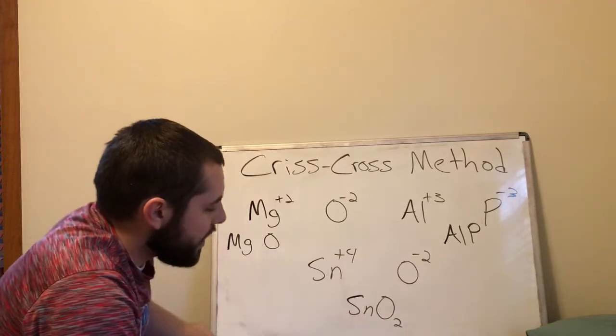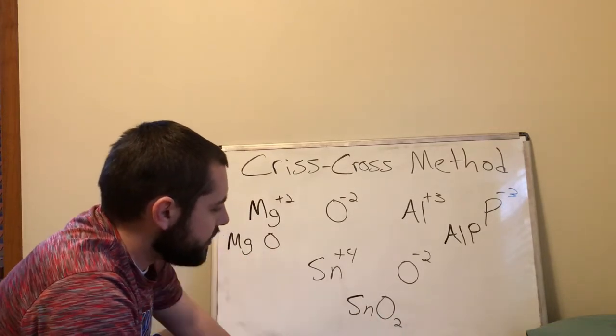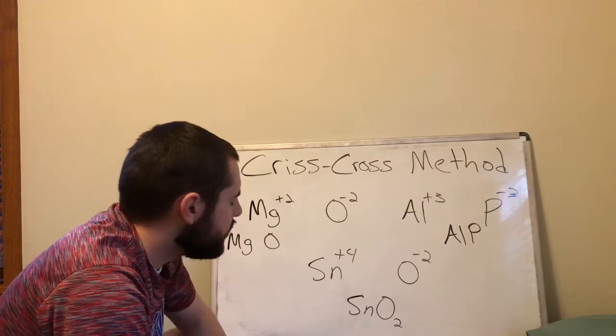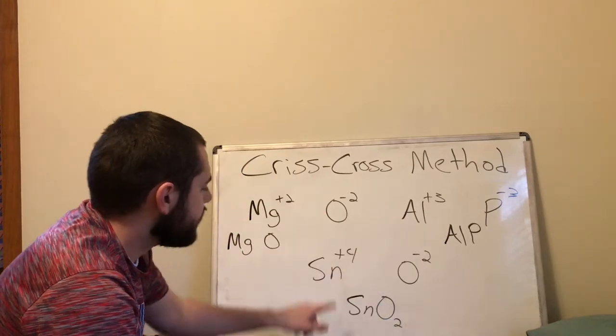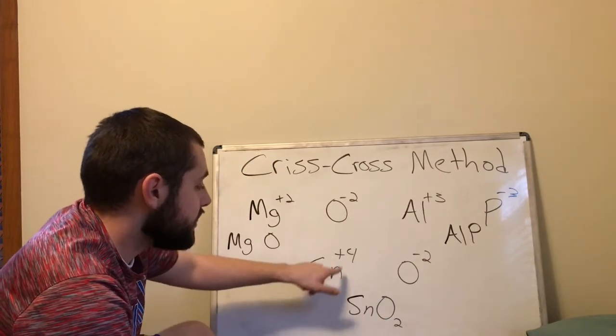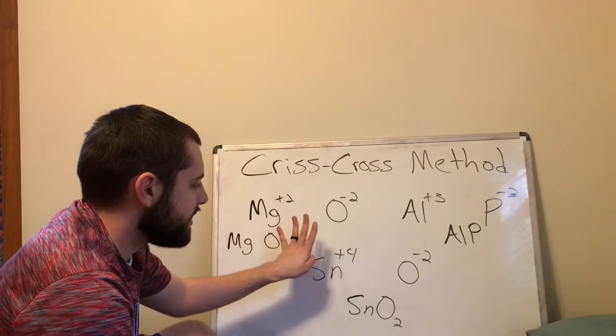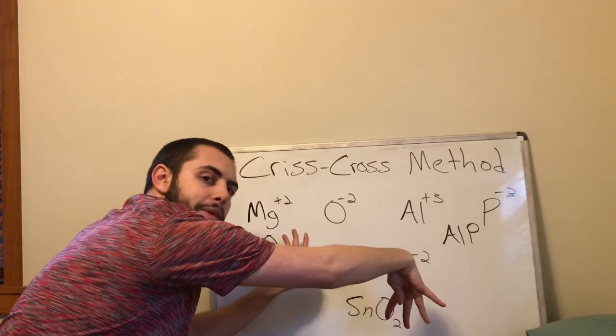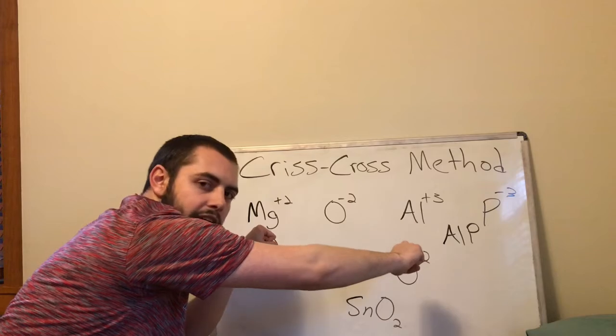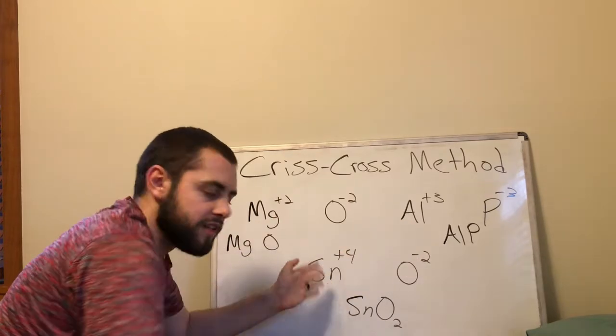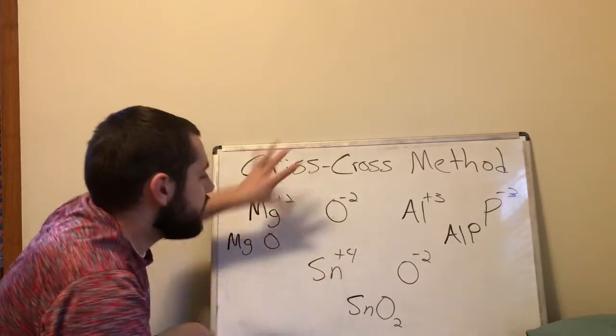It works out this way because 2 oxygens, each at a -2 charge, will give me -4. 1 tin-4 will give me a +4. That -4 and that +4 will cancel out. I don't need to do the crisscross. I can't do the crisscross for these exceptions.